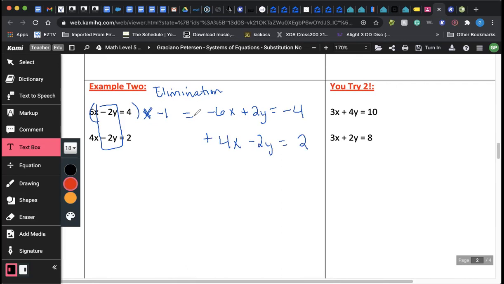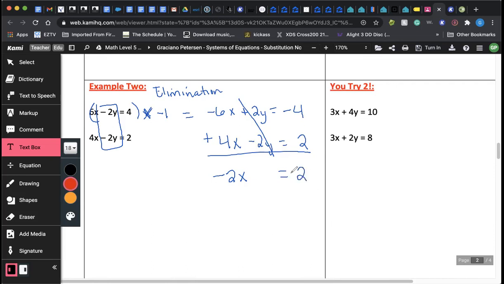And when I add -6x plus 4x, how many x's do I have left? I have -2 x's, right? Okay. My y's are eliminated. They're gone. And now I have -4 plus 2, which gives me how many? -4 plus 2 is -2, right?